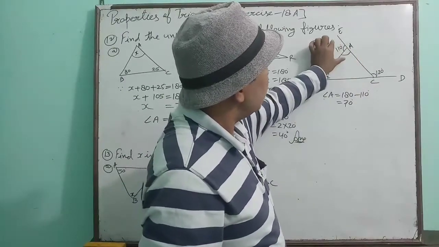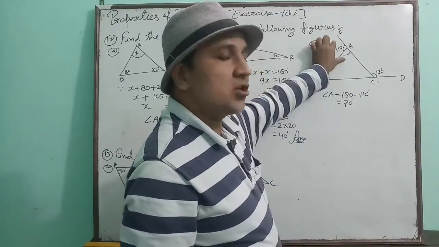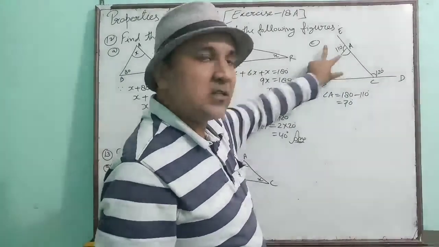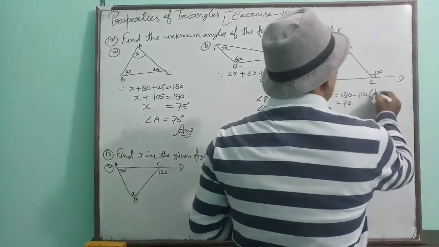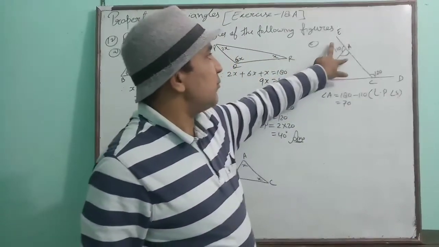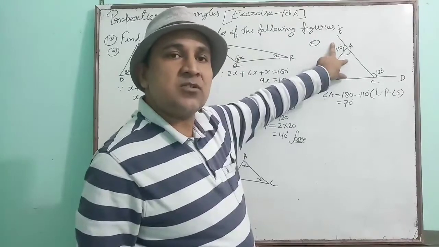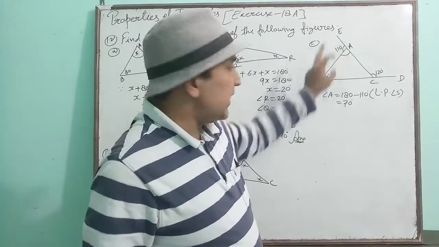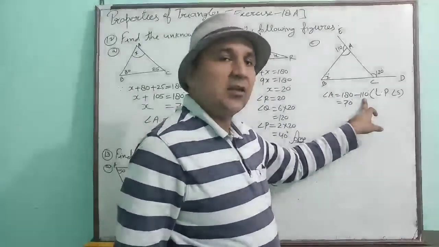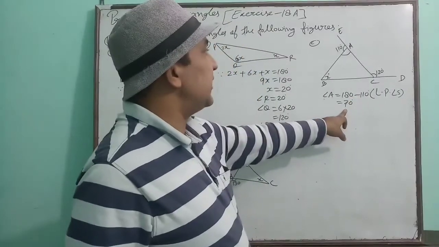On a straight line, the sum of the angles is always equal to 180 degree. If there are two angles only, then these are called linear pair angles, and the sum of linear pair angles is always equal to 180 degree. That is why angle A is equal to 180 minus 110, means 70 degree.